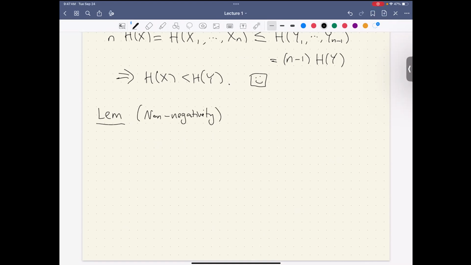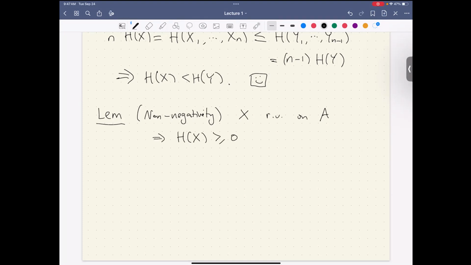We mentioned that we're going to start everything from pure axioms, those 6 axioms. We can actually derive from those 6 axioms that entropy assigns non-negative values to random variables. So let X be a random variable on some finite set A, then H of X is non-negative.